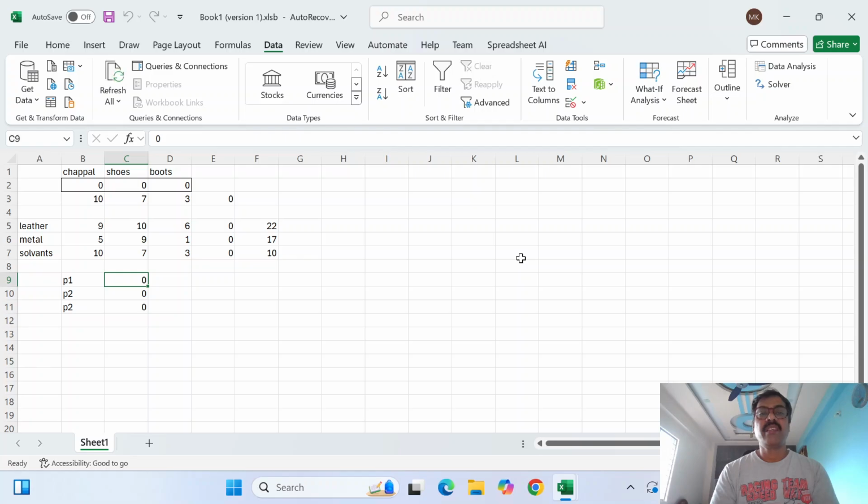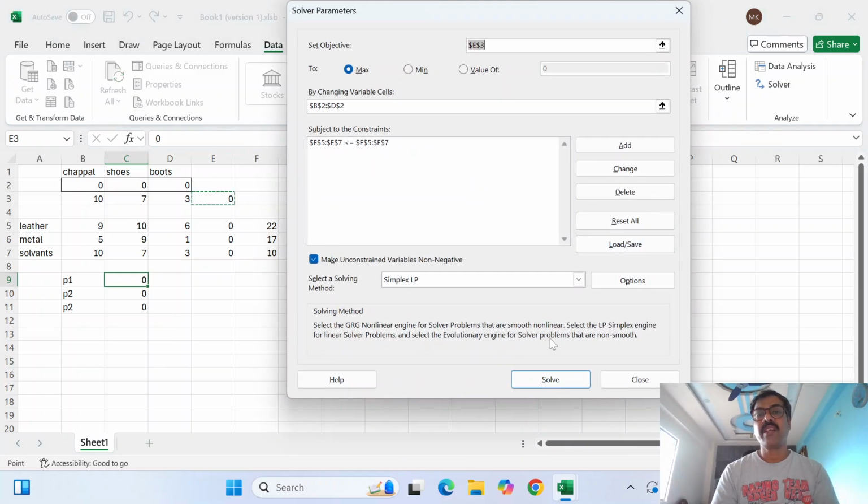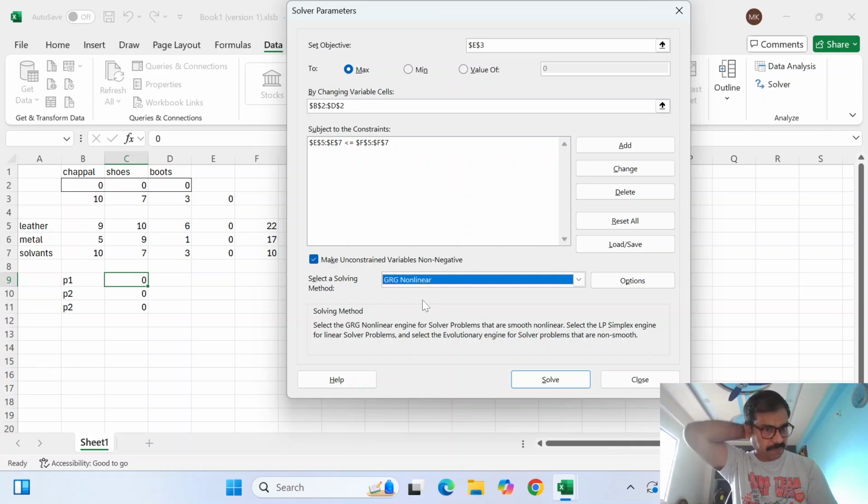Here, instead of using simple LP, I'll try to use GRG this time. This is a gradient descent algorithm, Generalized Reduced Gradient. That is the full form of GRG. And this is a non-linear algorithm. Earlier we used a linear algorithm.